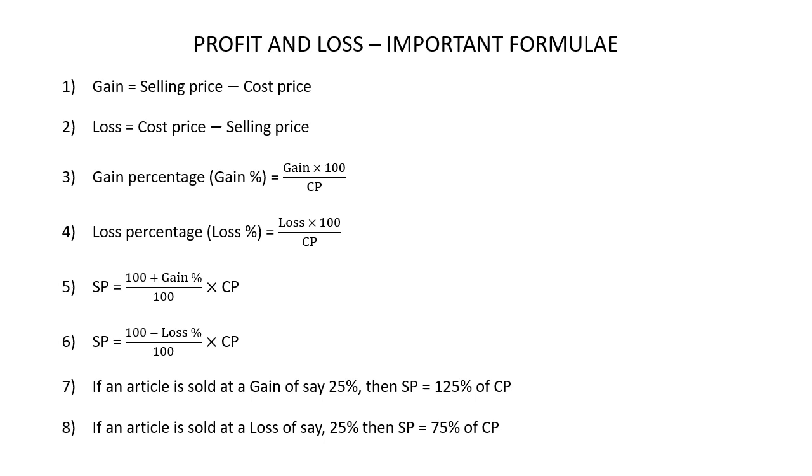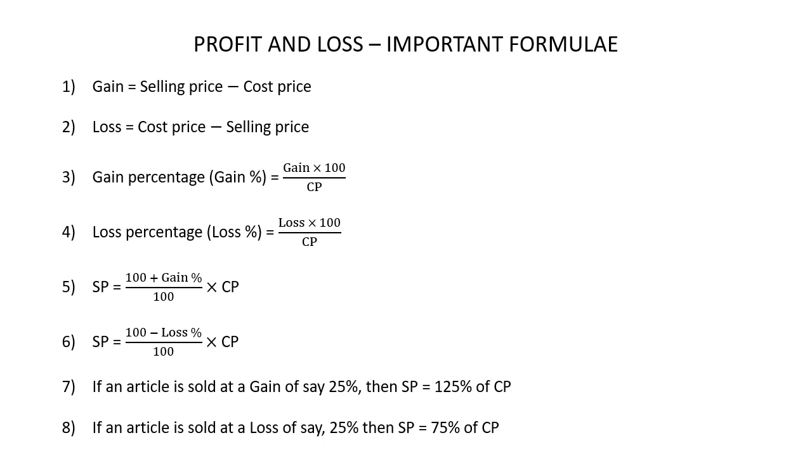Now, if an article is sold at a loss of say 25%, then selling price is equal to 75% of cost price. Now, since this 25% is a loss, so here it will be 75% of cost price. Now here, this you can find out from this formula.